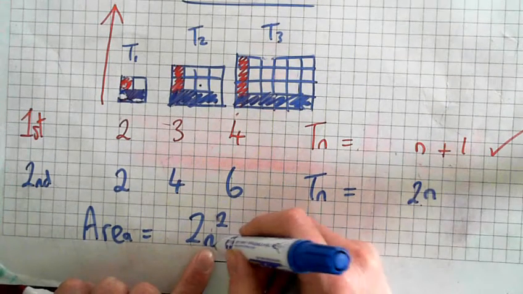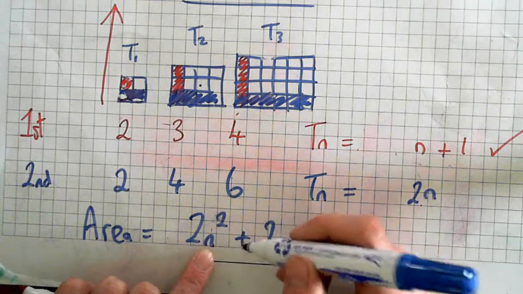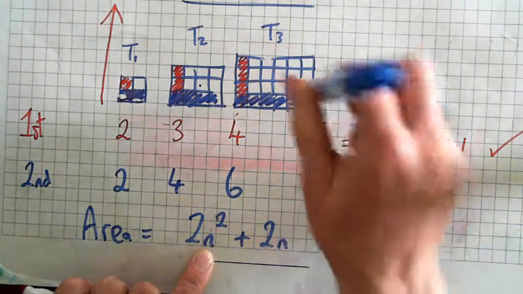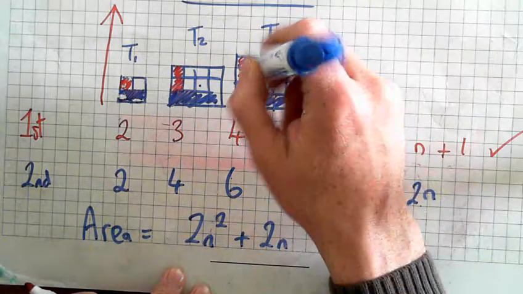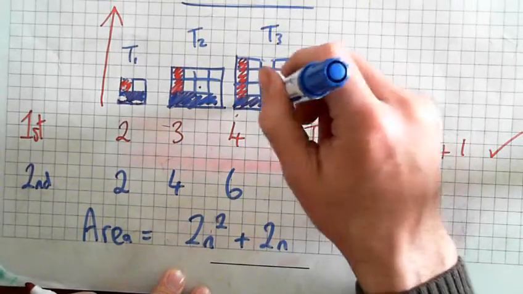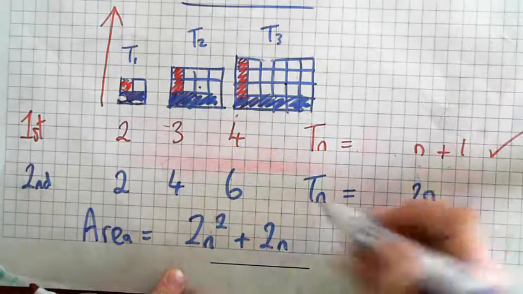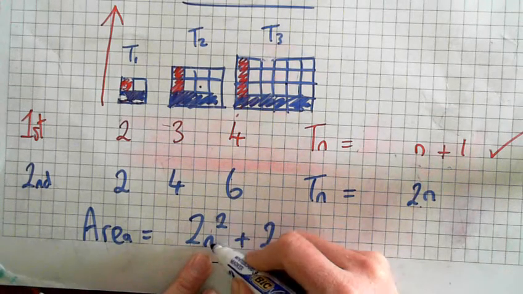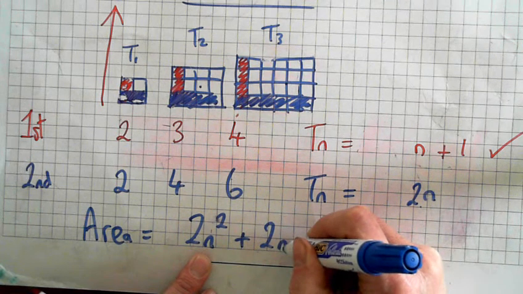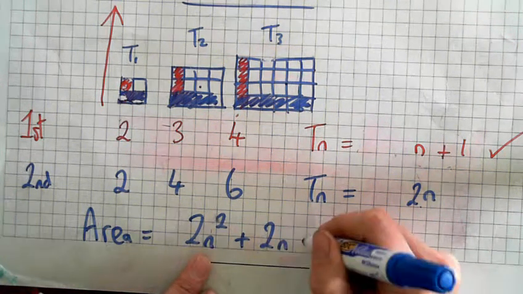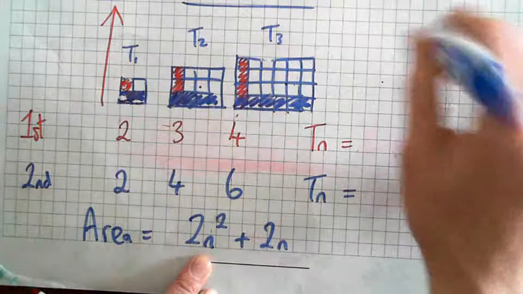If I put in 3, 3 squared is 9, times 2 is 18, plus 6 is 24. So we'll get the next one. The next one should be 5 times 8, 40. So we put in 4, 4 squared is 16, times 2 is 32, plus 8 is 40. Right, so that's the formula for the area, the number of squares in each one of those.